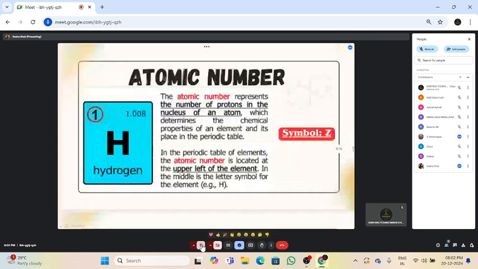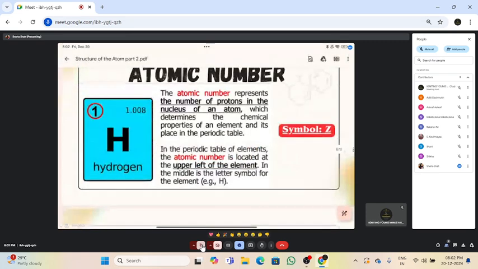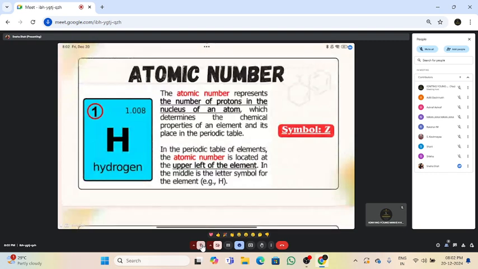All right. So now we come to the concept of atomic number. Atomic number is very easy to understand. Atomic number is nothing but the number of protons present in the nucleus of an atom, which determines the chemical properties of an element and its place in the periodic table, where it will lie.